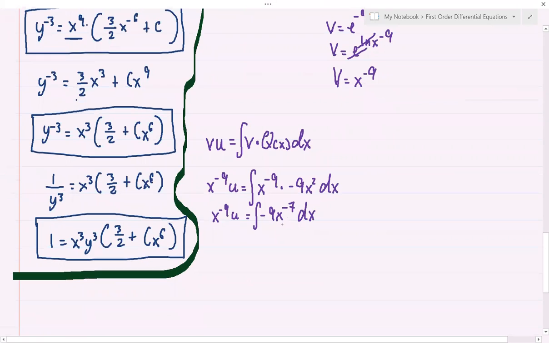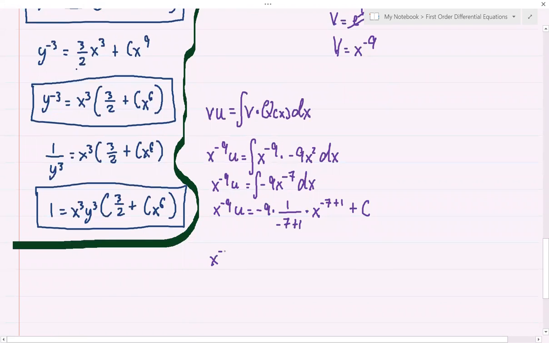After that, let's integrate this. So you have x raised to negative 9 times u is equal to negative 9 times 1 all over negative 7 plus 1 times x raised to negative 7 plus 1 plus c. So you have x raised to negative 9 times u is equal to negative 9 times 1 all over negative 6 times x raised to negative 6 plus c.